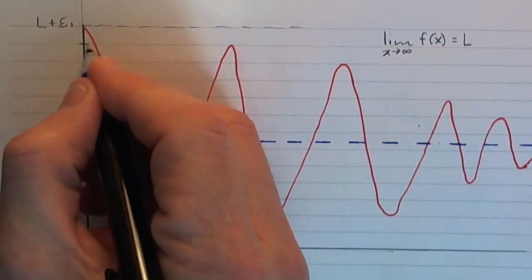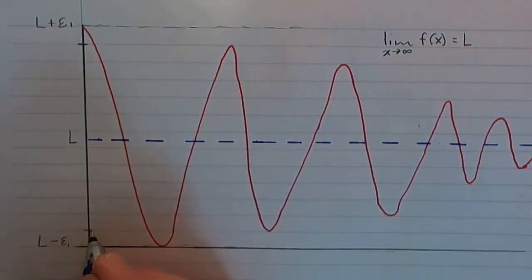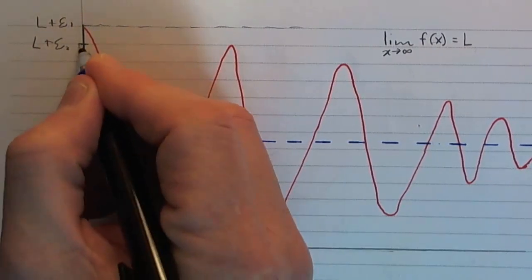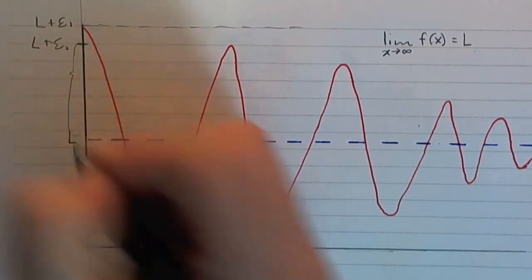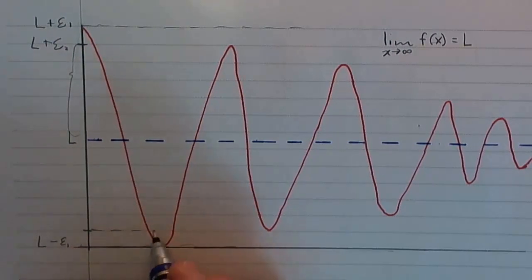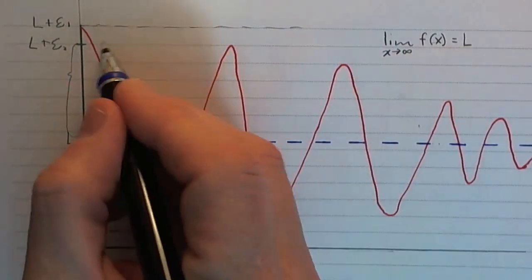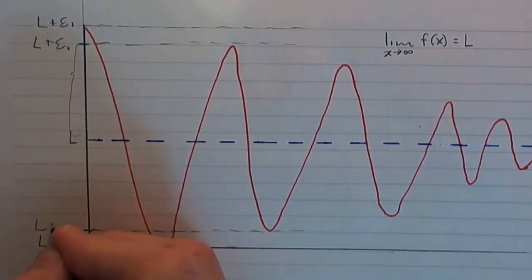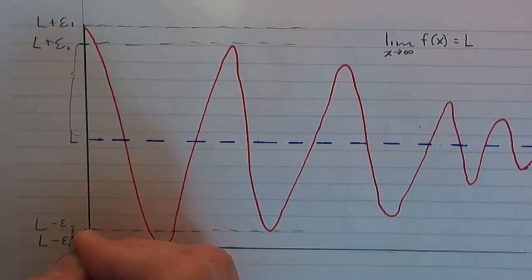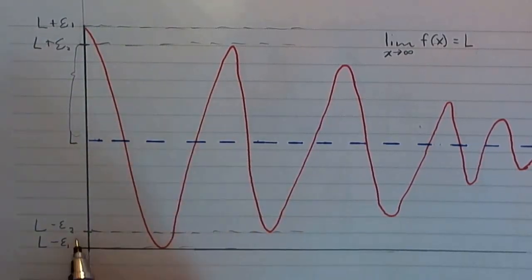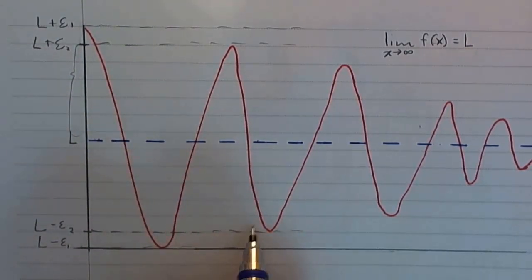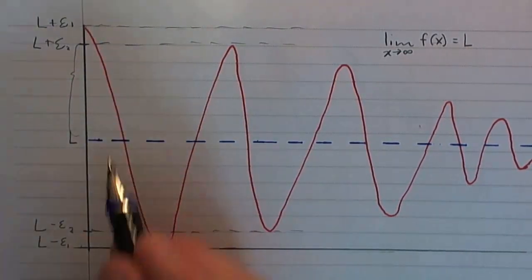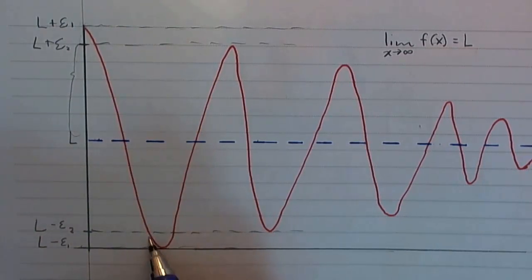What if I choose this right here and this right here? In other words, I make it epsilon 2, L plus epsilon 2, where my epsilon is a little smaller. Well, you notice that not the entire function is within those bounds. However, if I go over far enough, here we have outside L plus epsilon 2, and here we have below L minus epsilon 2.